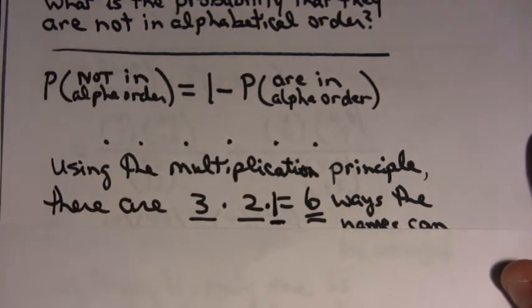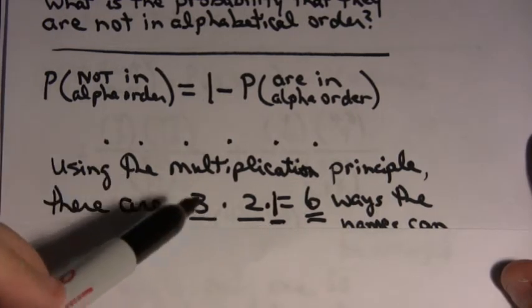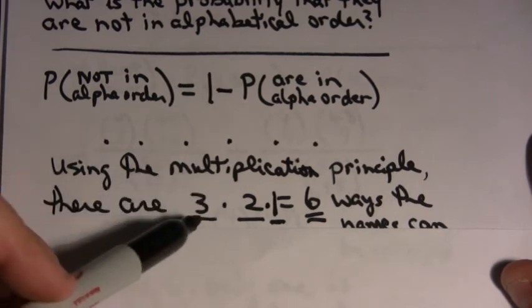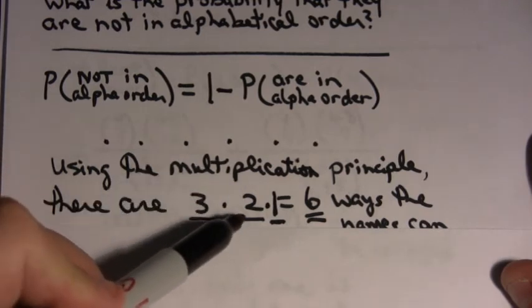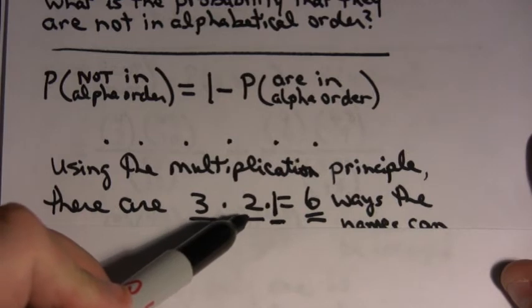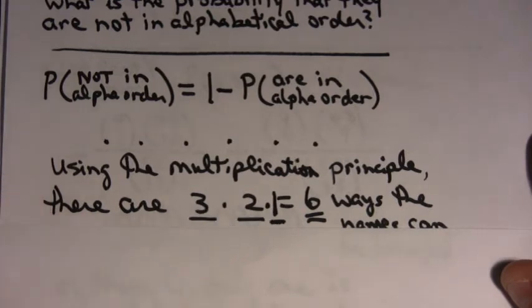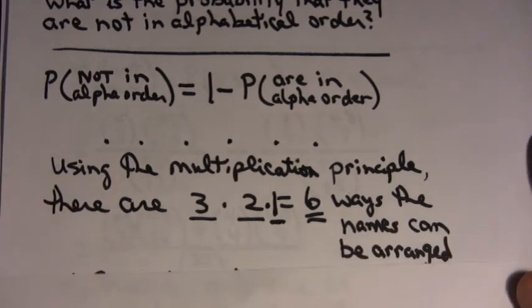I didn't really put that in there, and you could argue that you don't really need to, because 1 times anything doesn't change anything. But there are three names. You could pick any of the three names to go first on the ballot. Once that name is chosen, you can't use it again, so there are two ways to put the second name on the ballot, and once those two names are chosen, there's only one way to choose the third name. That's a total of 6 ways that the names can be arranged on the ballot.